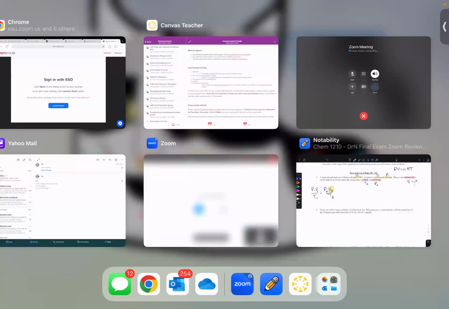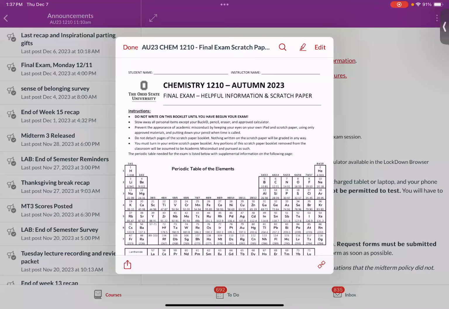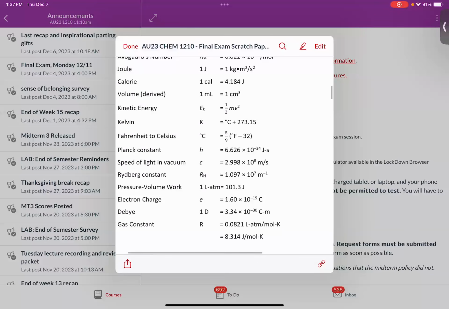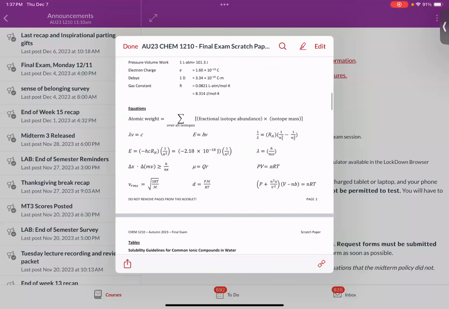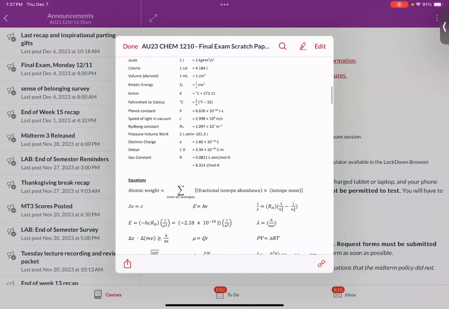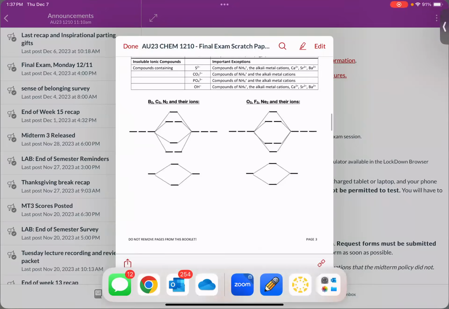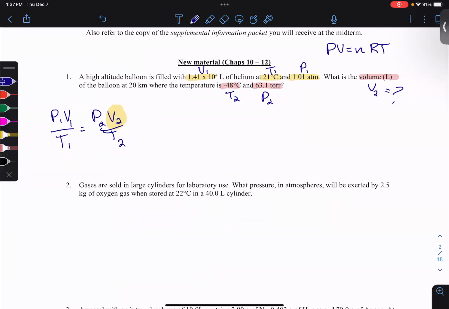Let's look, because I don't remember. Does it give pressure conversions? No, it doesn't. Okay, so keep that in mind, because we need to change that atmosphere to torr or torr to atmosphere.